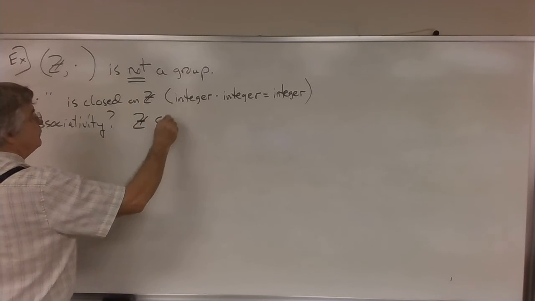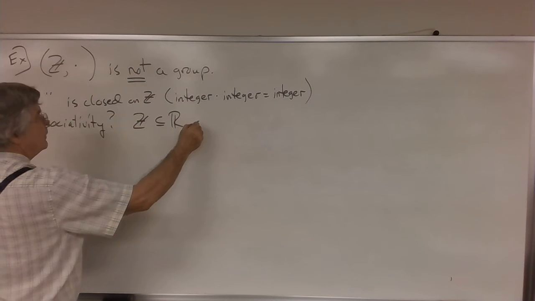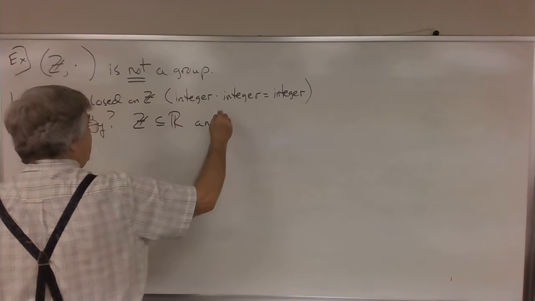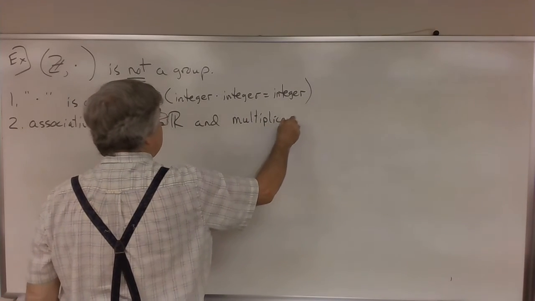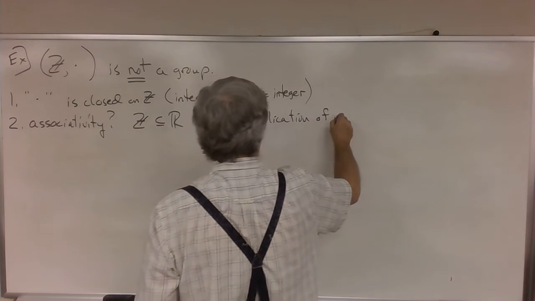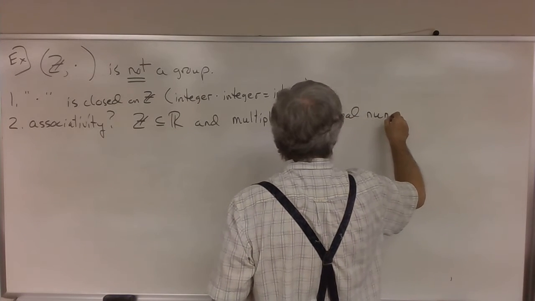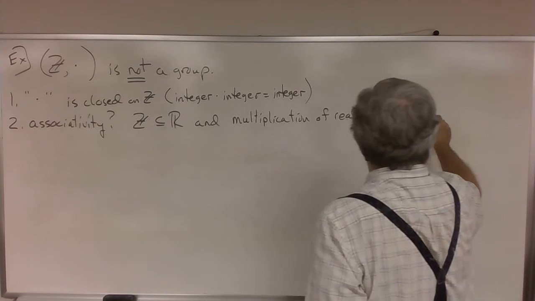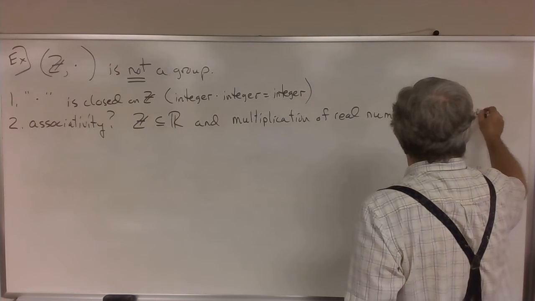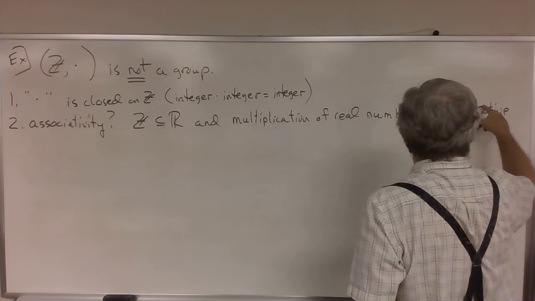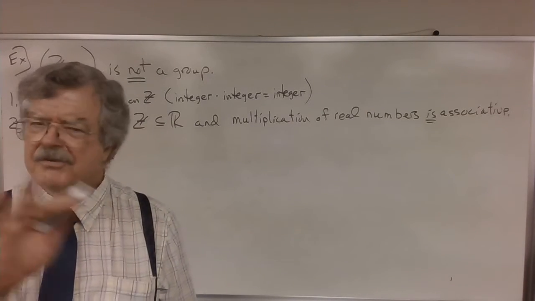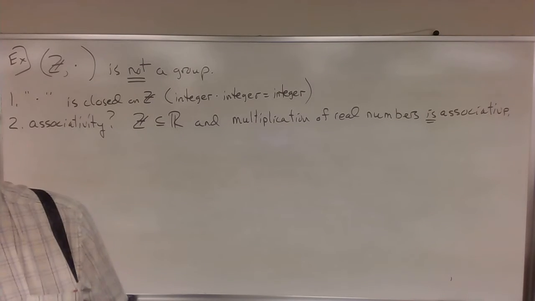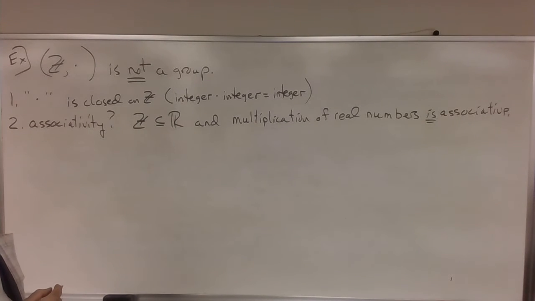The integers are a subset of the real numbers. And multiplication of real numbers is associative. So associativity is not the problem. Is there an identity element?